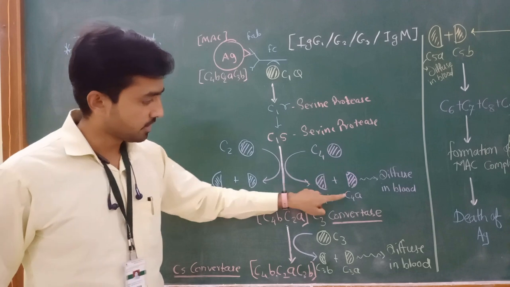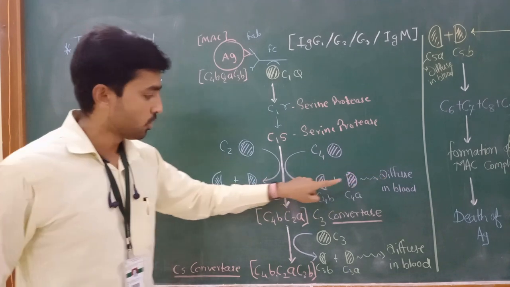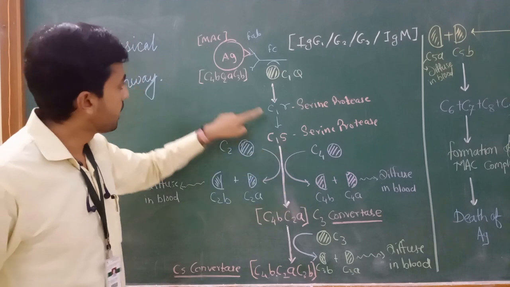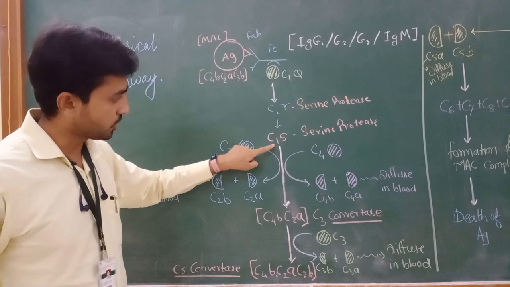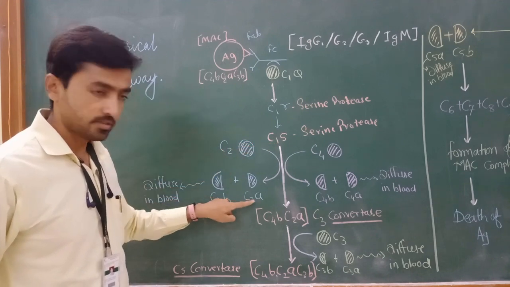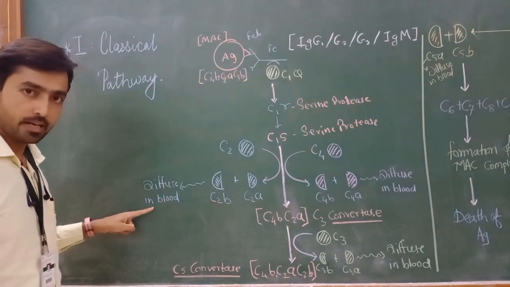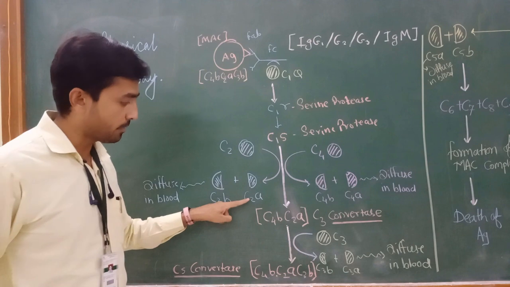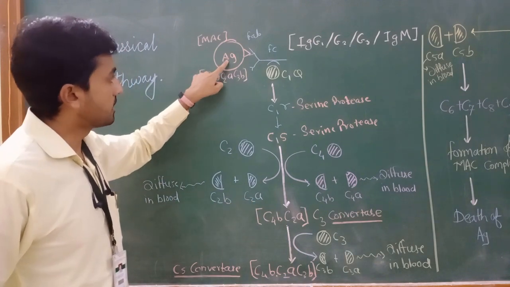Out of these two parts, C4a diffuses in the blood and is deactivated, while C4b goes and binds on the surface of the antigen. Now C1s again cleaves C2 protein into C2b and C2a, out of which C2b diffuses in the blood and gets deactivated, while C2a binds close to the C4b on the antigen.